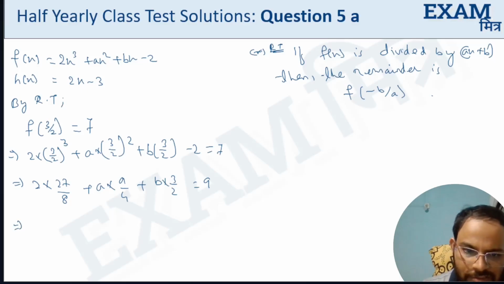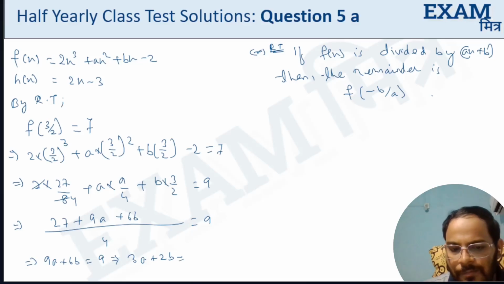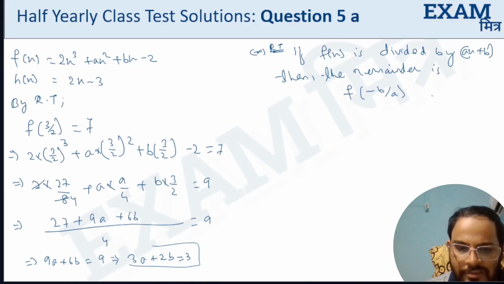Now just to simplify, take the LCM as 4: 27 plus 9a plus 6b equals to 36. So that means 9a plus 6b is 9. If we divide this by 3, 3a plus 2b equals to 3. So let's consider this as equation 2.